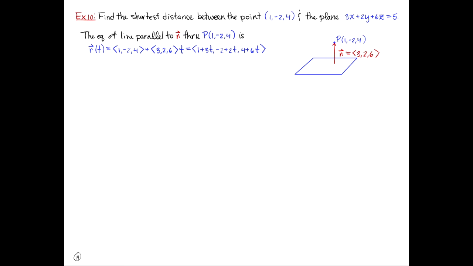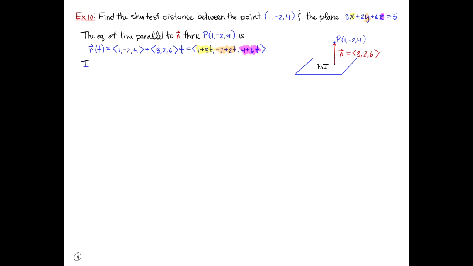The point of intersection between the line and the plane, let's label that as our point of intersection, which we know how to find from our previous example. We will take our x component of our line and sub that into the equation of the plane for x, and then likewise for our y component and our z component. And then we'll use that to solve for t.